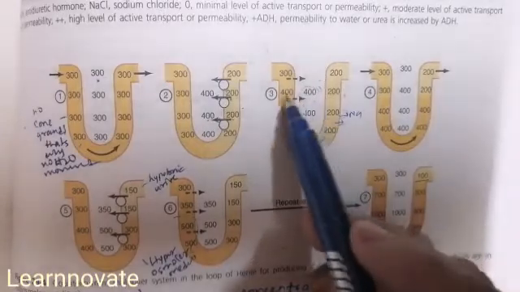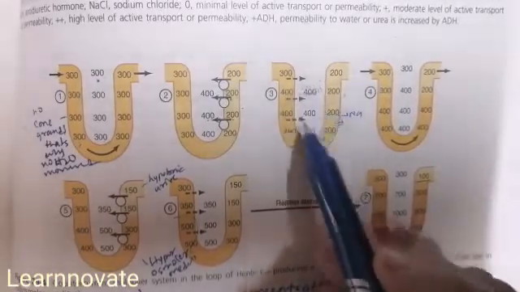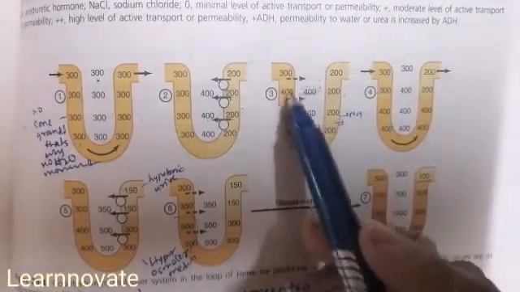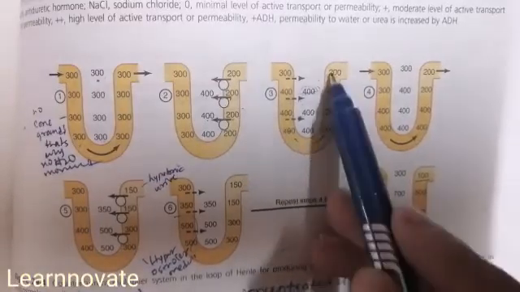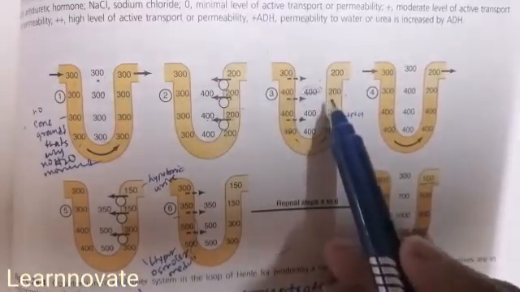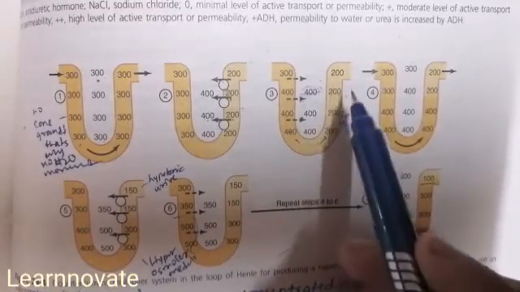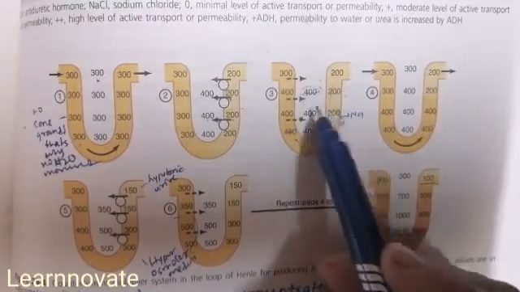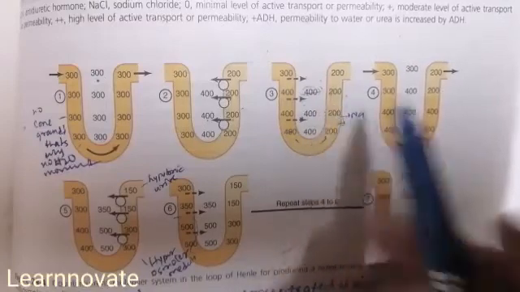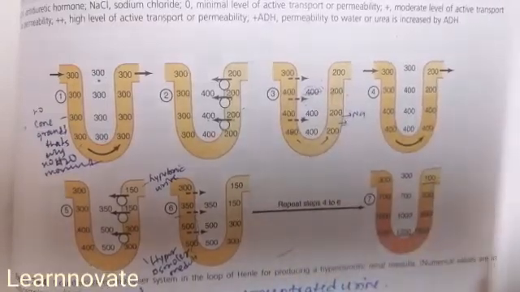So water is removed more and more, and ultimately that fluid reaches the ascending limb of the loop of Henle, causing more and more solute reabsorption. Then it becomes hypotonic, and the medullary interstitium is maintained at a higher gradient.